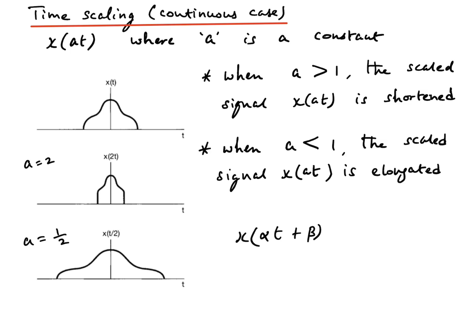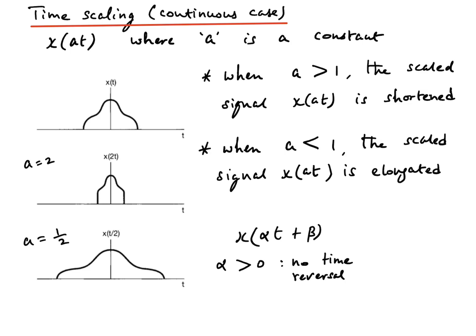So let's summarize them. First of all, when alpha is positive, so alpha greater than 0, there is no time reversal.